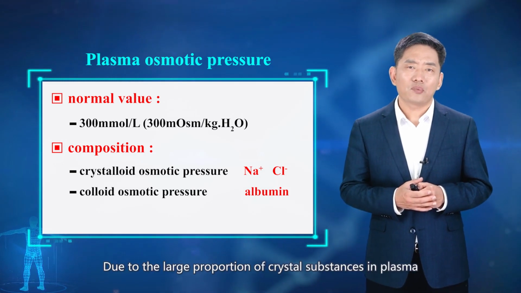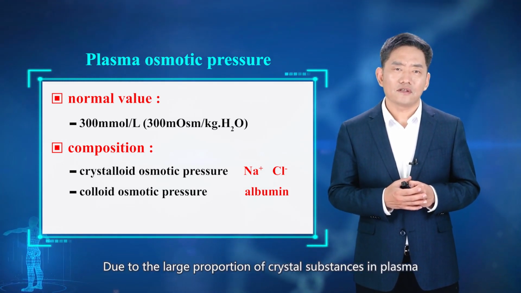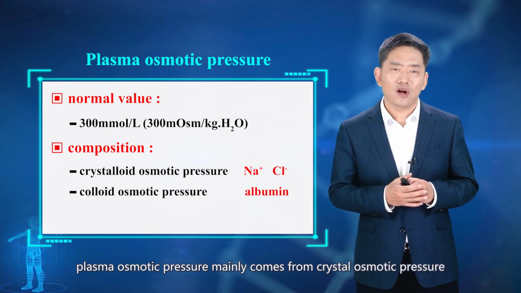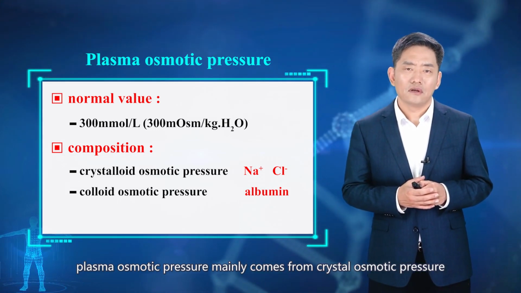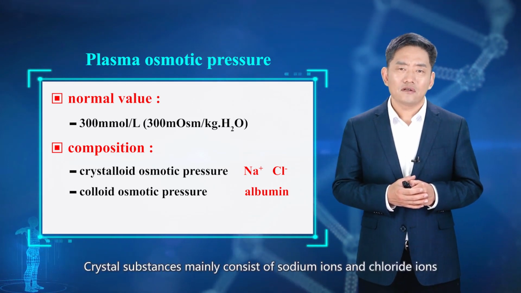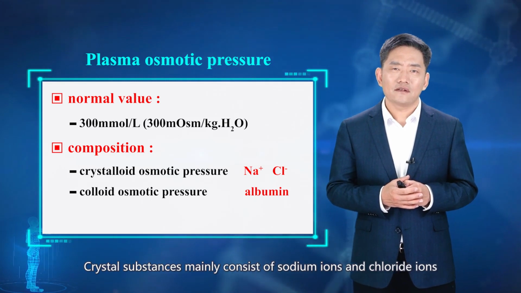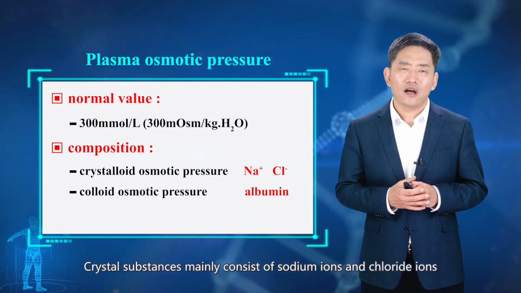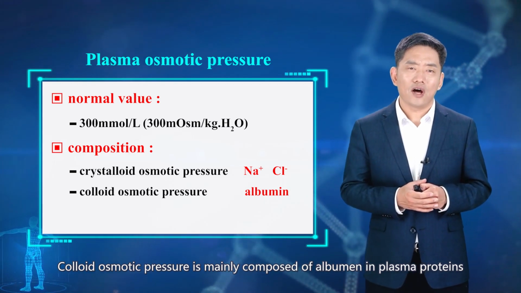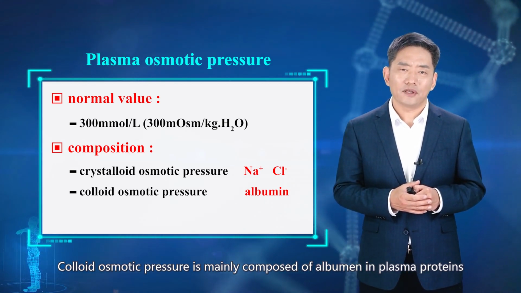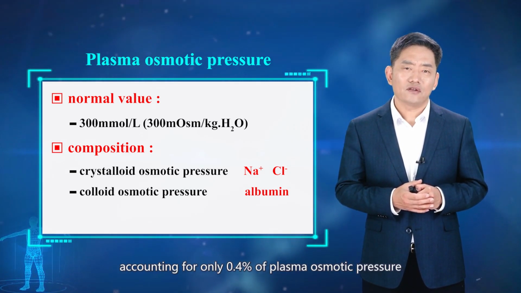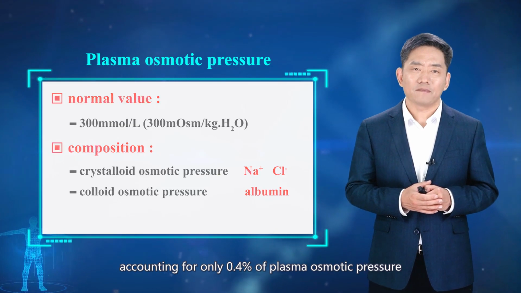Due to the large proportion of crystal substances in plasma, plasma osmotic pressure mainly comes from crystal osmotic pressure, accounting for 99.6%. Crystal substances mainly consist of sodium ions and chloride ions. Colloidal osmotic pressure is mainly composed of albumin in plasma protein, accounting for only 0.4% of plasma osmotic pressure.